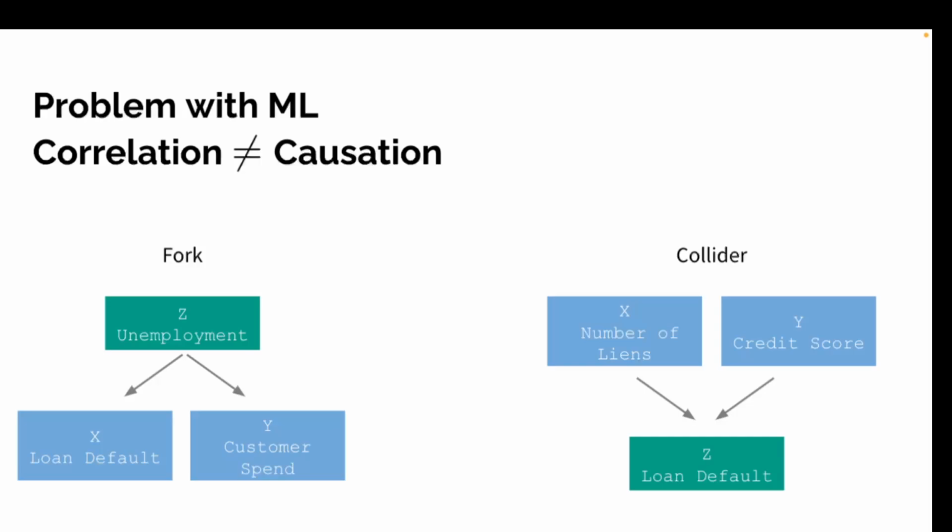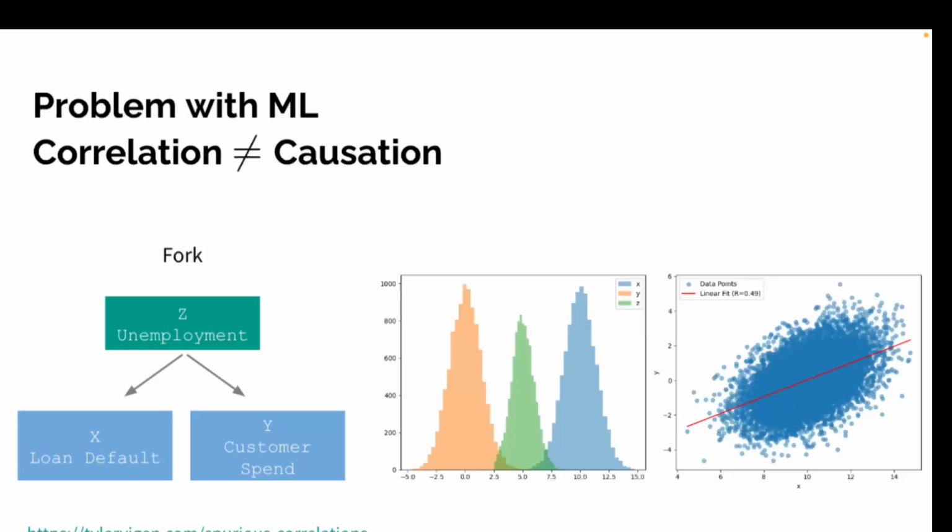Okay, so now let's start with fork, right? What I do here is I simply generate x and I generate z randomly, and then I make sure that x and y are defined by z. That's it. So you see the histogram, and then you see there is a strong correlation between x and y, right? The scatter plot shows that there is some kind of correlation between them, and that's the so-called spurious correlation, right?